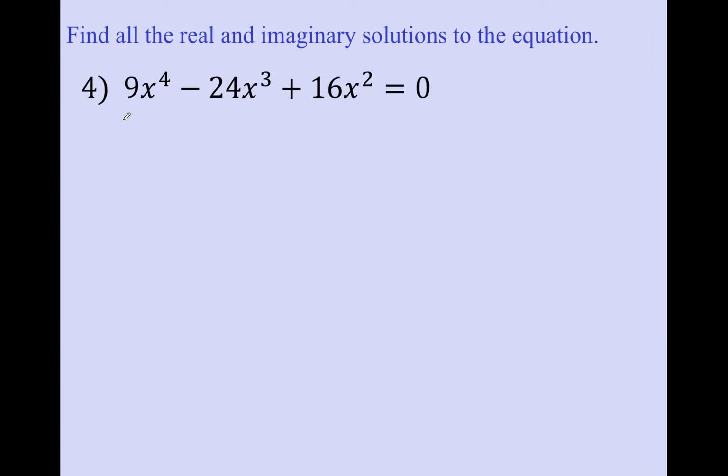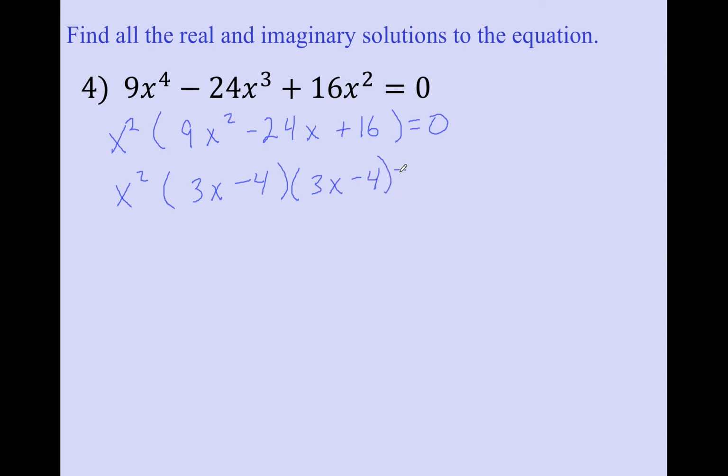First thing we're going to do, take out a common factor, x squared, which leaves 9x squared minus 24x plus 16 equals 0. So x squared, and this is 3x minus 4, and 3x minus 4 equals 0. Clean that up a little bit.